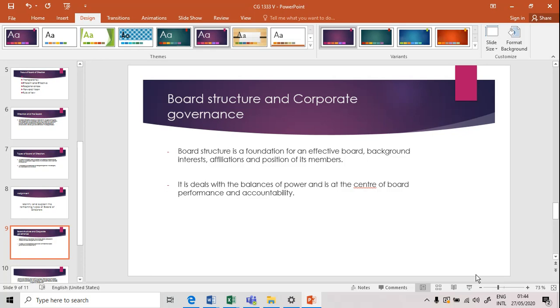It deals with the balance of power. Board structure has to focus on performance. Board structure has to focus on independence. It is a foundation for an effective board, and it focuses on the background, interests, and positions of its members, among others.